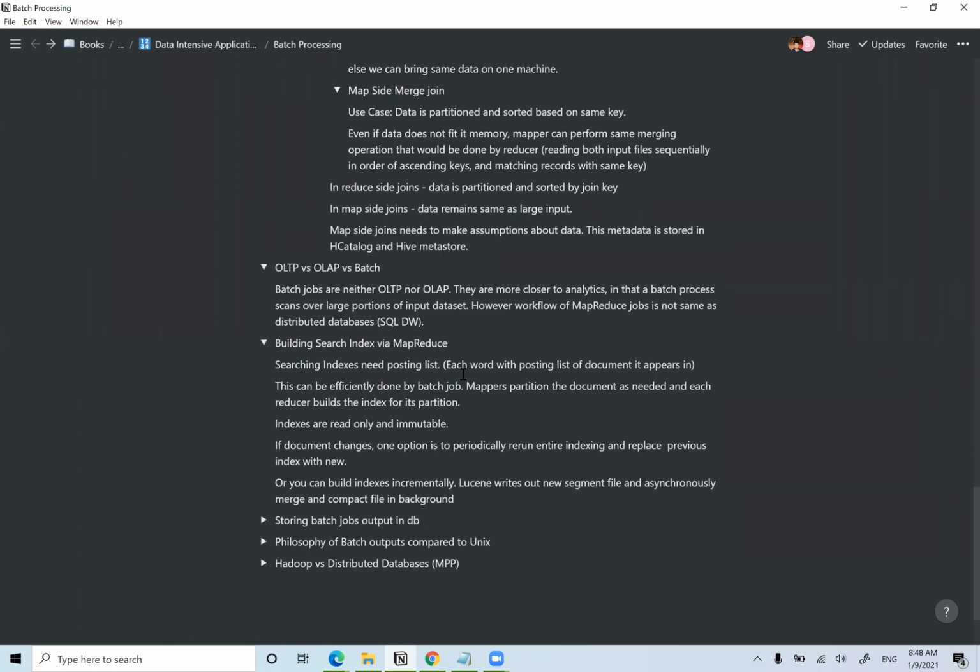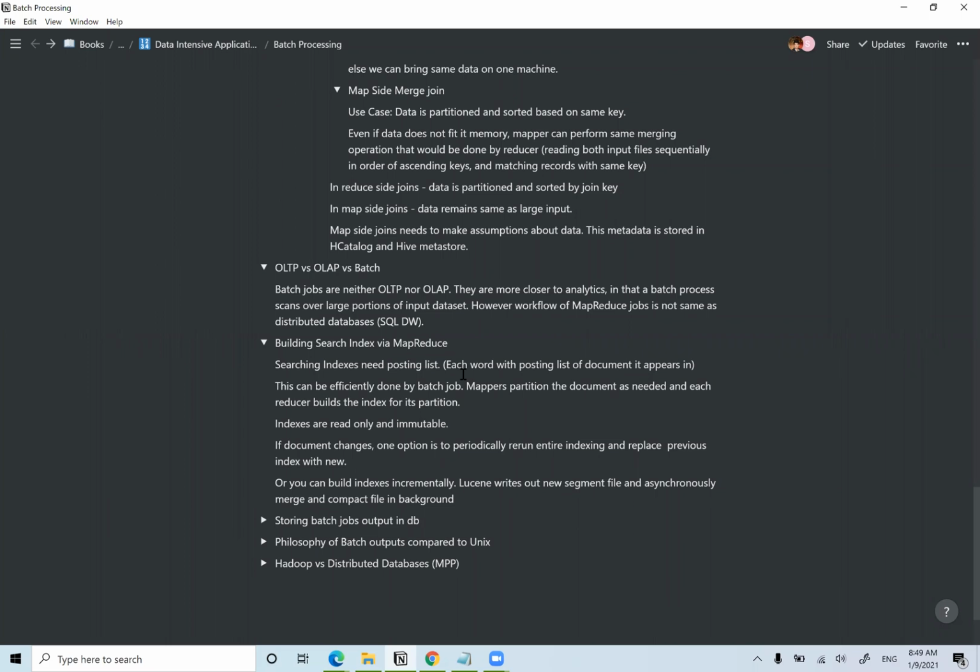Although it would be good to have the latency between the data change and building the index as low as possible, so that your index is as fresh as possible, it's not an utmost requirement for a search index. So one simple approach could be to periodically run your indexing jobs. Document changes are captured by the rerunning of the indexing, and then you update your index.